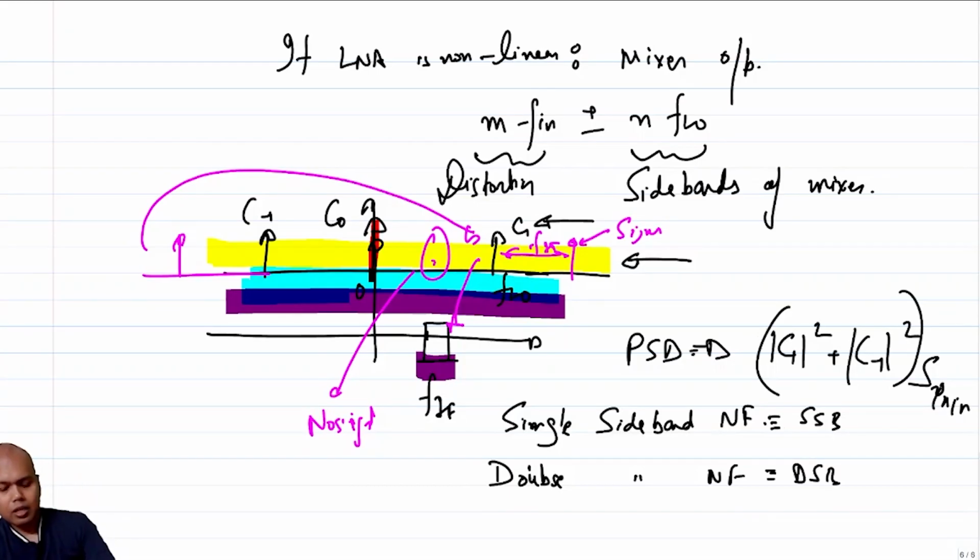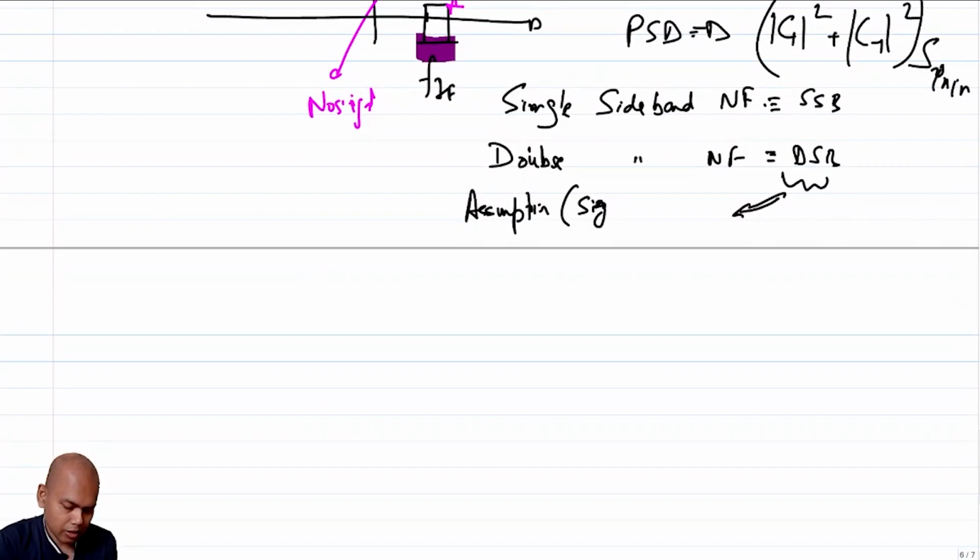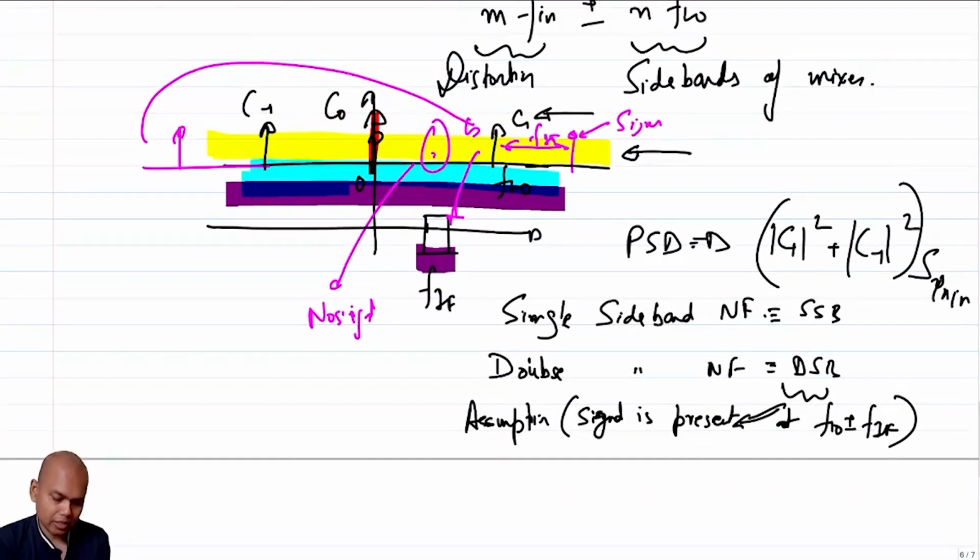Generally, if no other information is given, the single sideband noise figure will be double that of the double sideband noise figure, because in the DSB case the assumption is that the signal is present at both FLO plus and minus FIF.